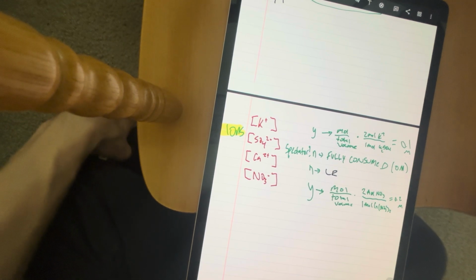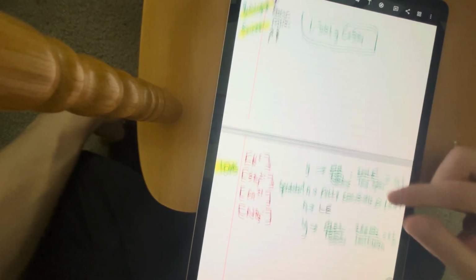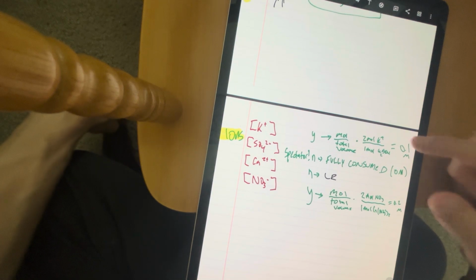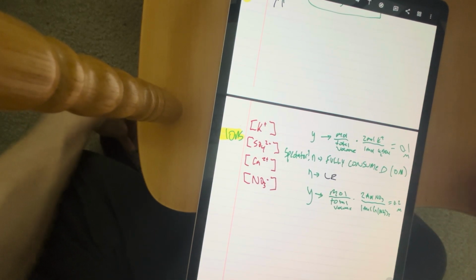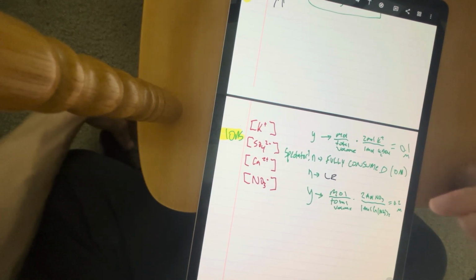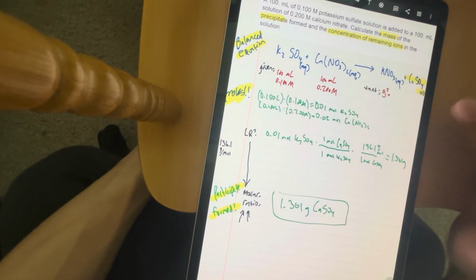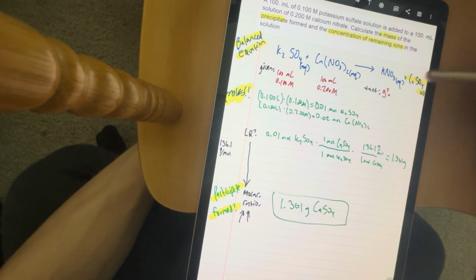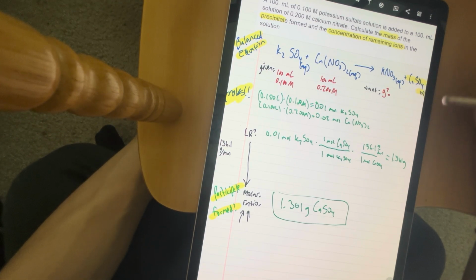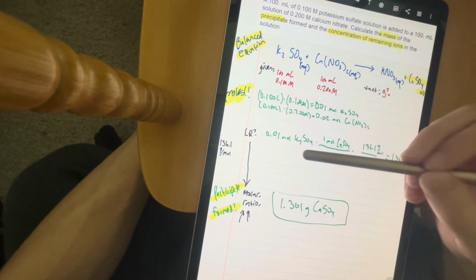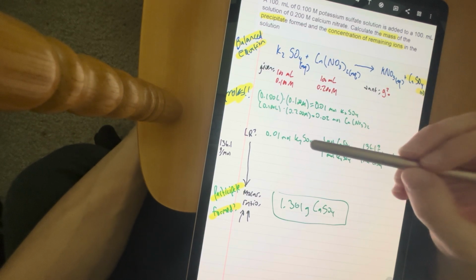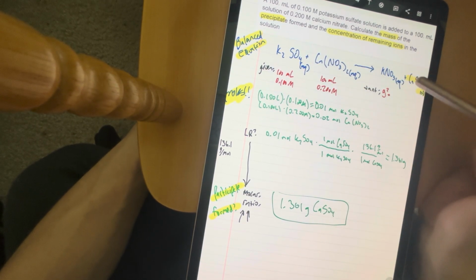So now there are 2 other categorizations, right? We have spectators, and there's the fully consumed, and there's the one affected by the limiting reagent. How do we know which one's fully consumed? Well, we go to our equation as always, and we look at this. There are two parts of this, the Ca and the SO4. Then we look back at our limiting reagent, which we knew is the K2SO4, and we see if any of these are inside of it.